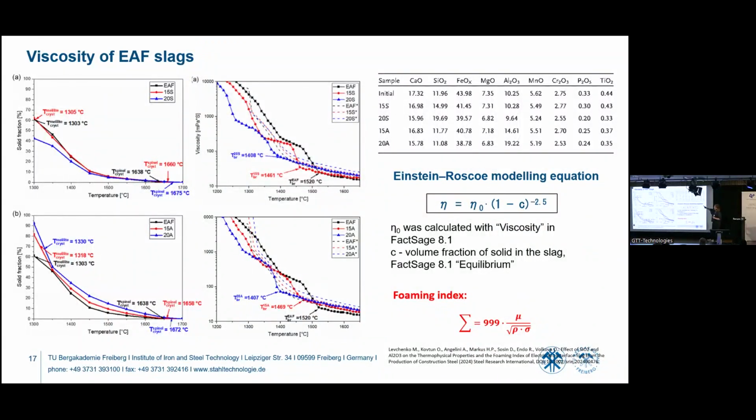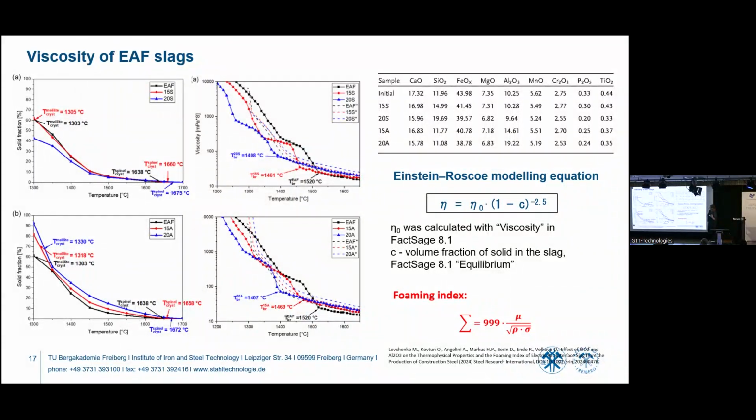So you can see here viscosity of EAF slags from Germany again, from one steel plant after production of construction steel, and in the slag after production of construction steel, we have every time a lot of iron oxide. It depends on the quality of the scrap. If we have very bad scrap, we can have 50% of iron oxide in our slag.